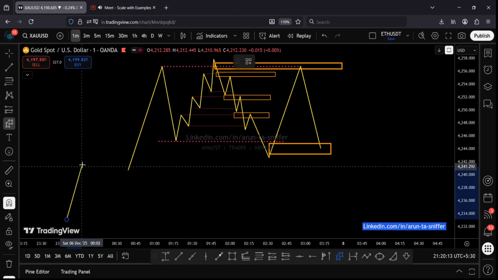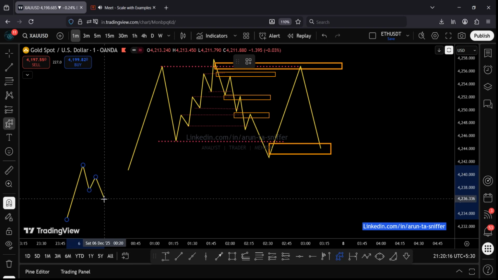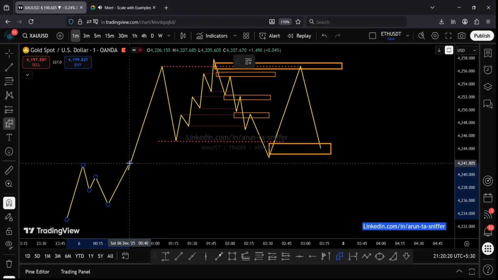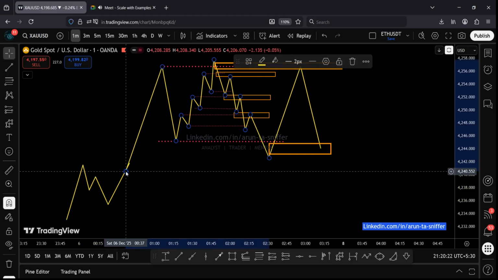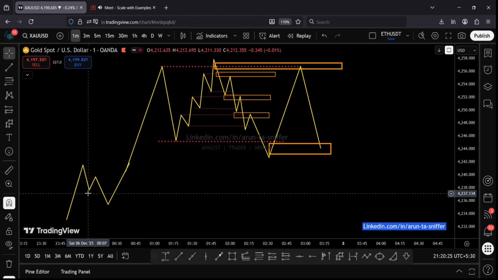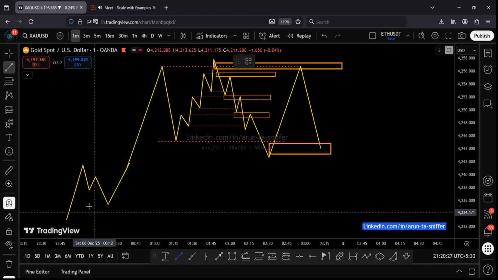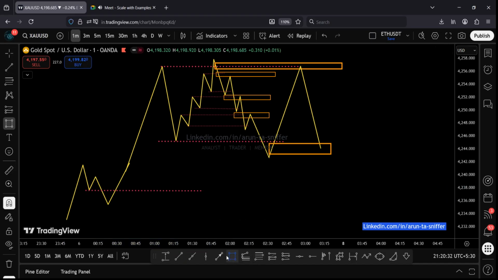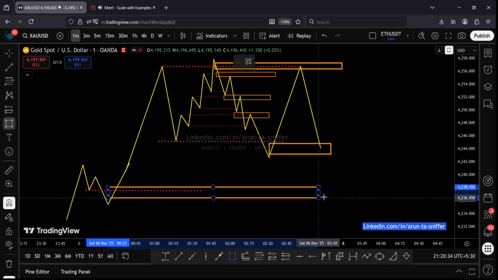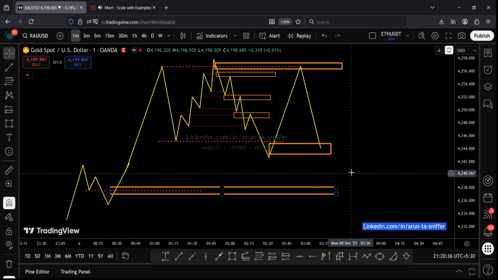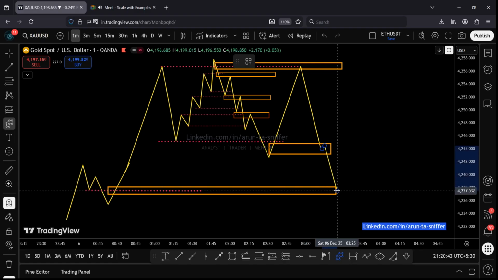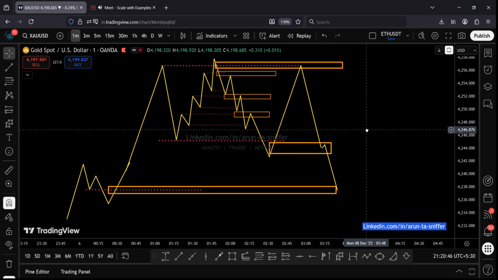Price goes up, comes down, and goes up. This is also a QM structure. Here we also have an LSK where price hasn't reached. So the next target will be here, right?